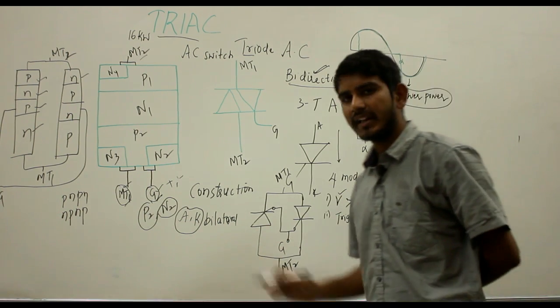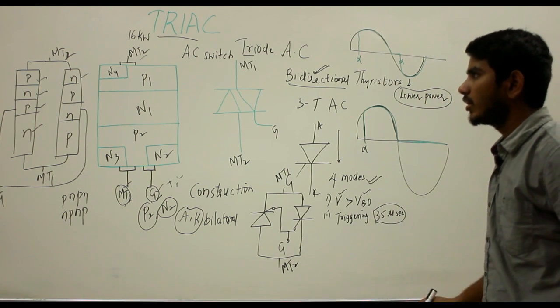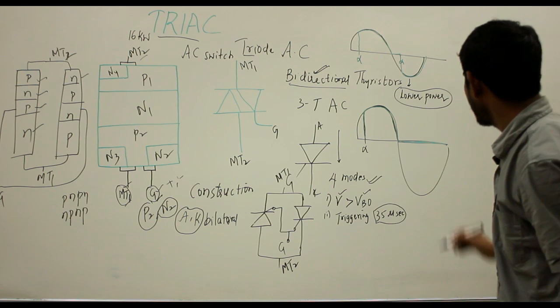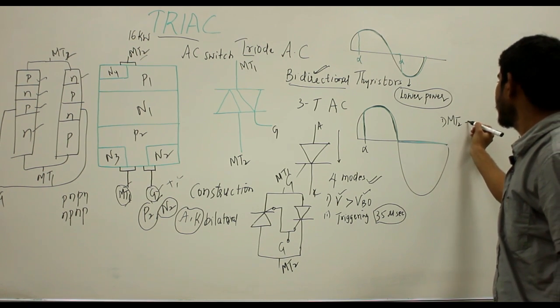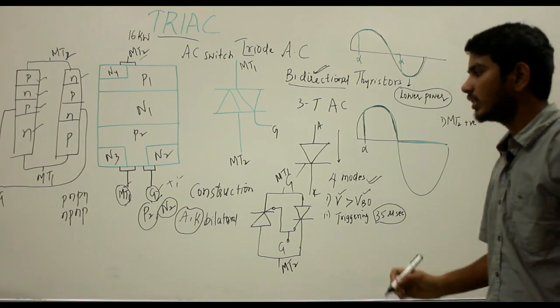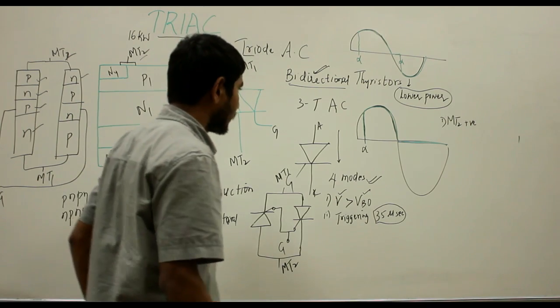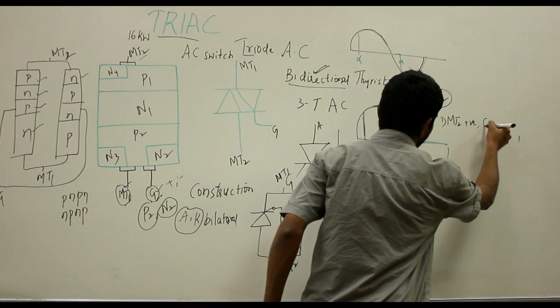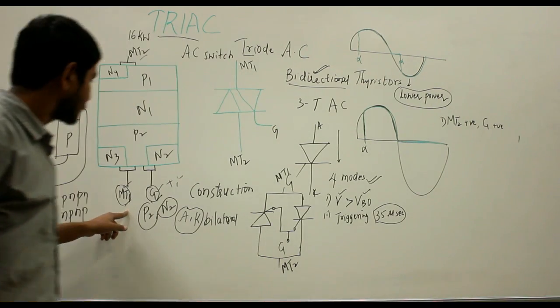Now once the gate circuit is turned on, the operation can be explained in 4 modes. The first mode is where MT2 is positive with respect to the MT1 terminal, the main terminal T1, and similarly the gate terminal is also positive with respect to the main terminal T1.